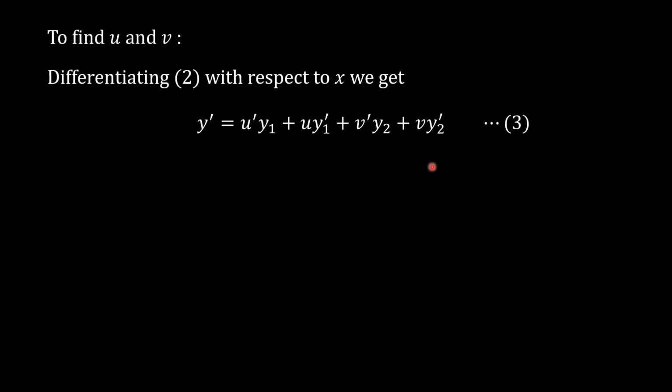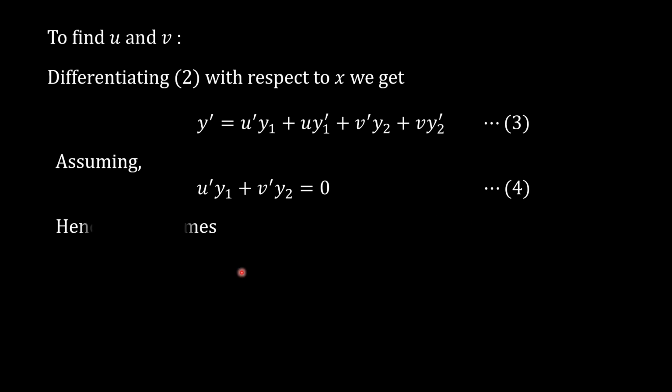We call it 3. Now, to avoid the higher order derivatives of u and v, we will assume that u dash into y1 plus v dash into y2 is equal to 0. We call this expression 4. Because of this, expression 3 now becomes y dash is equal to u y1 dash plus v y2 dash. We call it 5.